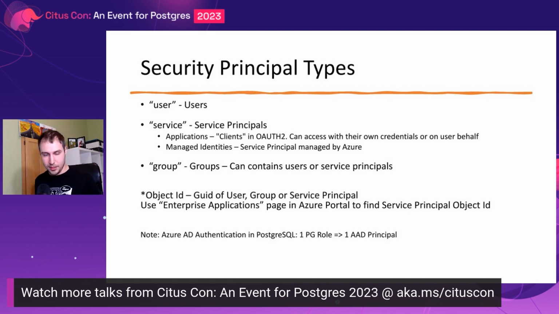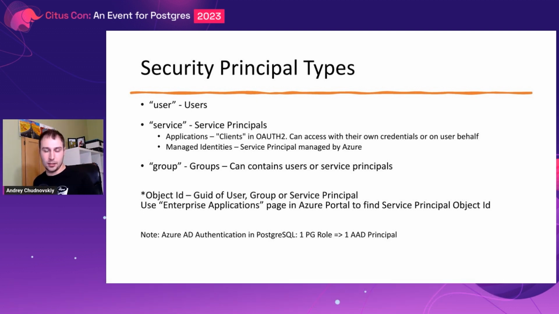Then the second major group of connecting principals are service principals, which is a concept in Azure Active Directory that combines regular application clients from OAuth and OpenID protocols, and managed identities, which is an Azure resource type that can be assigned to your virtual machines, Kubernetes clusters, and other resources, which simplifies credential management and allows you to get a token for those resources to connect to other resources without the need to manage the application or client credentials.